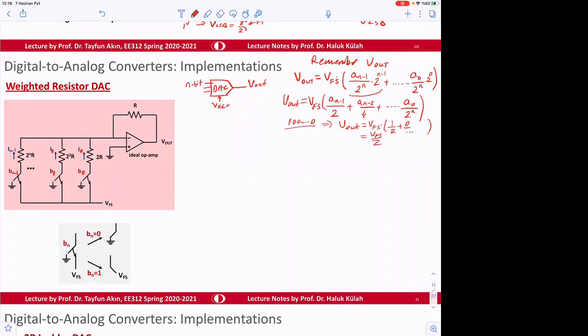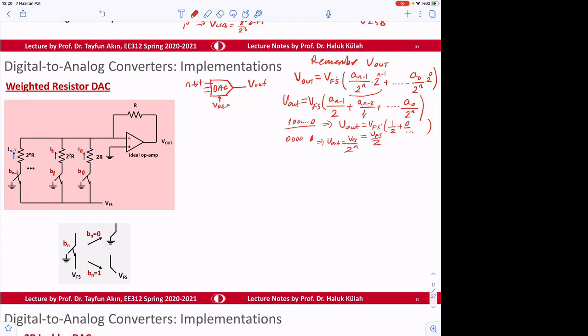If the signal is 0 0 0 and then 1, then V out is going to be equal to V full scale divided by 2 to the power n. Okay, that's what we want to implement.